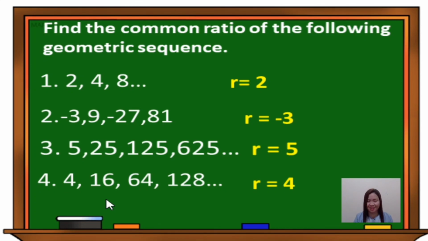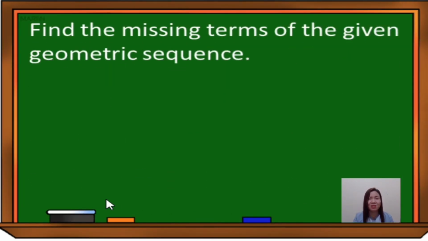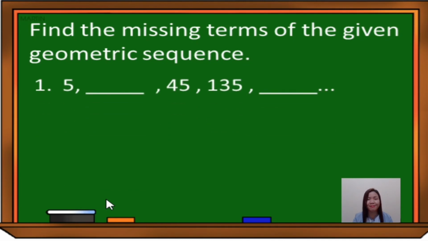Okay, so the last exercise is about finding the missing terms of the given geometric sequence. Question number 1. I will give you time to solve for this. So we have 5, blank, 45, 135, blank.